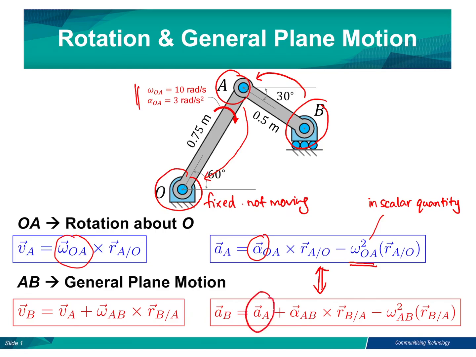There is a reference to point A, which is also similar to the velocity equation. So these are the two new equations we will be using in this tutorial. Equation number one calculates the acceleration of a rotating rigid body, and equation number two calculates the acceleration of a point on a general plane motion rigid body.